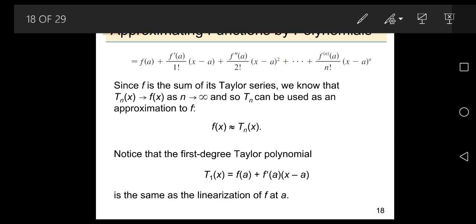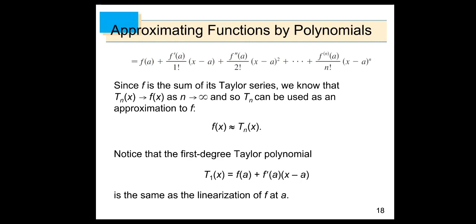So it is equal to f of a plus f prime of a divided by 1 factorial times x minus a, plus f double prime of a divided by 2 factorial times x minus a squared, and so on, going up to f n prime of a divided by n factorial times x minus a to the power n. So since f is the sum of its Taylor series, we know that T sub n of x goes to f of x as n tends toward infinity.